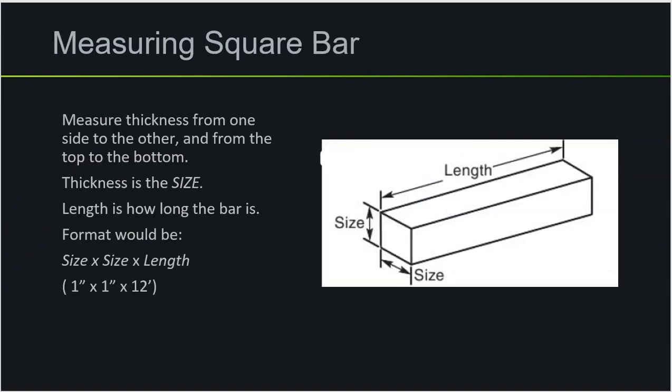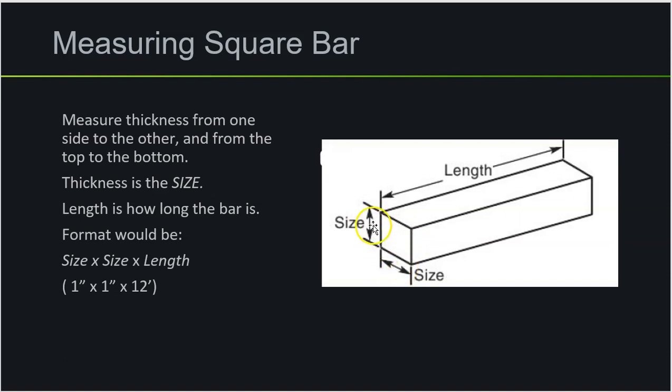When we're measuring square bar, it's actually relatively simple. The size is what we would typically call the thickness of the square bar. In this example, the thickness from one side to the other, and from here to here, the thickness is what we call the size.